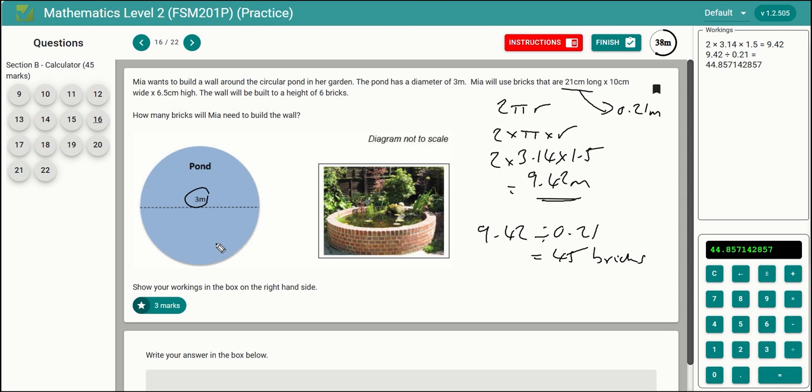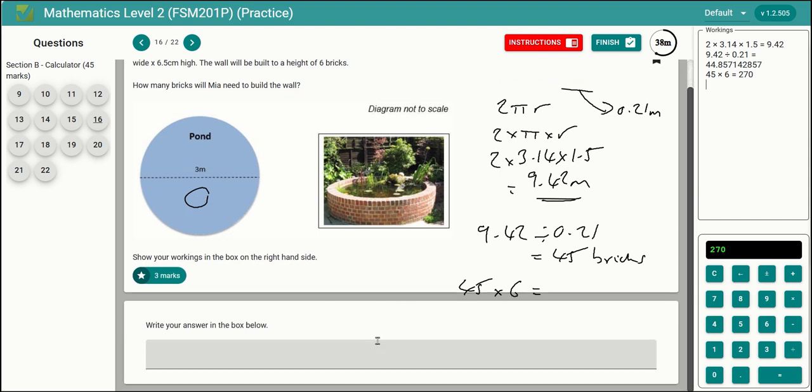Okay, so that is just for the bottom layer, but we want a height of 6 bricks, so simply we just need to multiply 45 by 6. So grab the calculator again. 45 multiplied by 6, and that is 270. So let's just scroll down a little bit. So 270 bricks.